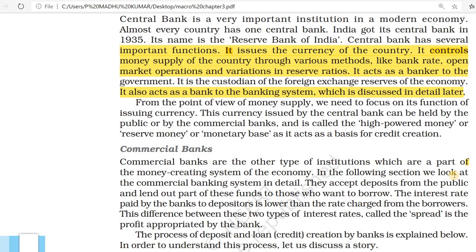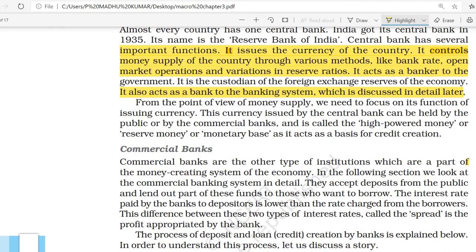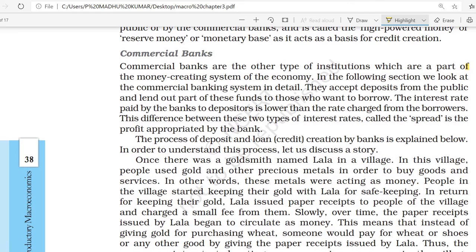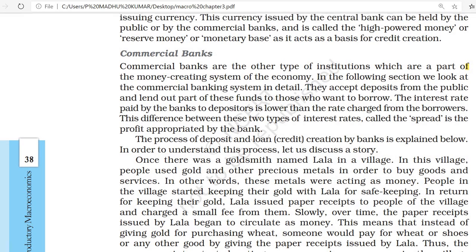In our economy, different types of commercial banks are there, like scheduled commercial banks, non-scheduled commercial banks, public sector banks and private sector banks. Scheduled commercial banks are those included in the act of RBI.